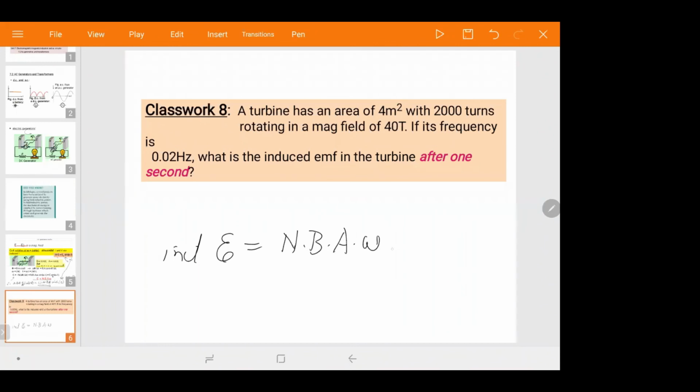Where do you put the 1 second? In this sine term. Okay. So B is given, N is given, A is given, and the answer is given there. You try it yourself.